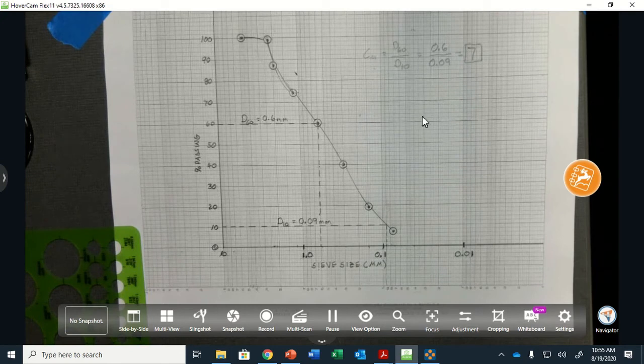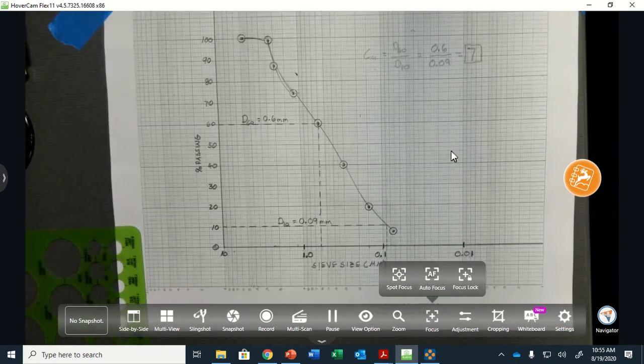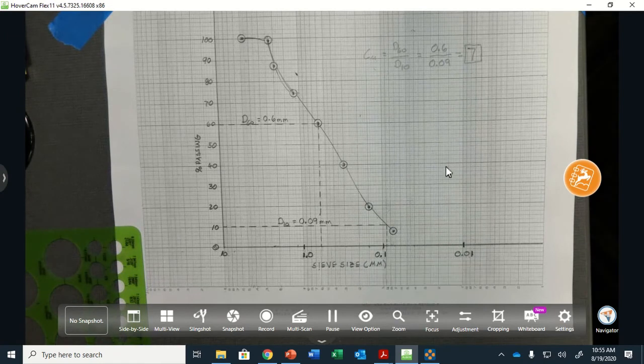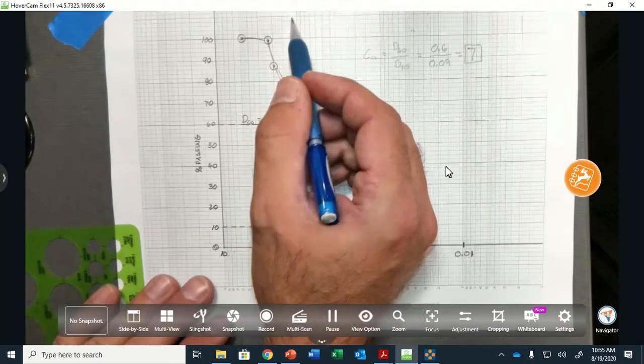So the next question is, one thing I forgot to add on this, you know what I didn't do? I did not put a title on my graph. So we need an x-axis label with units, a y-axis label with units, and then we need a title.